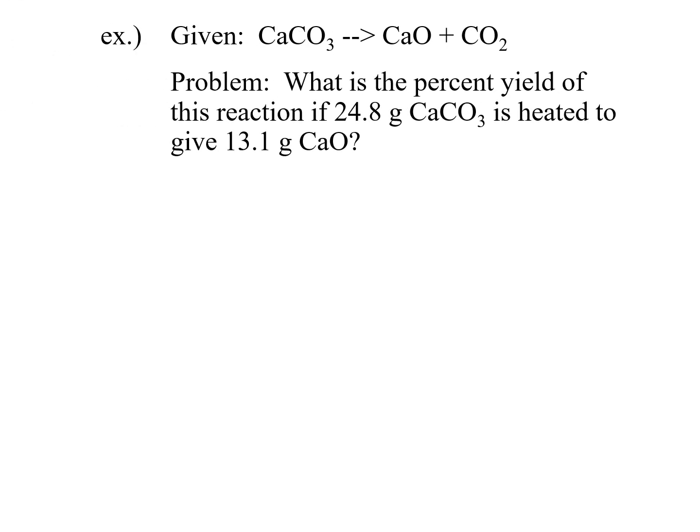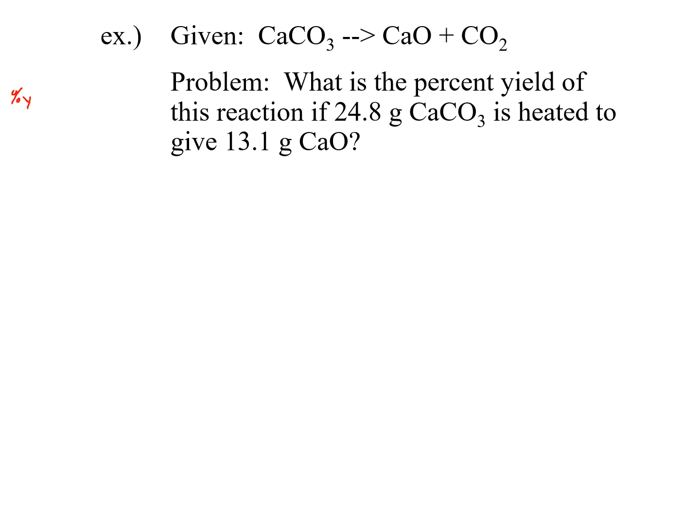So here's a typical percent yield problem. Right? It says, what's the percent yield of this reaction if 24.8 grams of CaCO3 is heated to give 13.1 grams of CaO? Okay. We have to identify a few things here. Remember, our equation for percent yield, right?